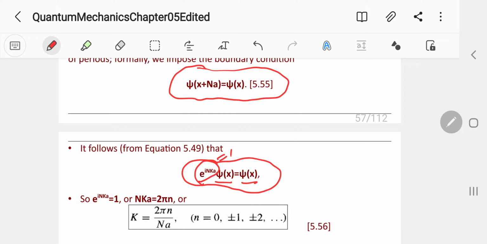And of course, for this to be equal to 1, your nka must be equal to 2 pi n, and so your k will have to be of that form, where n is equal to 0, positive 1, negative 1, positive and negative 2, and so on.